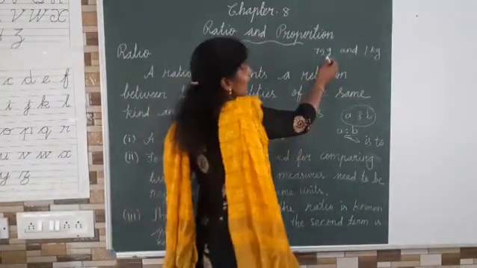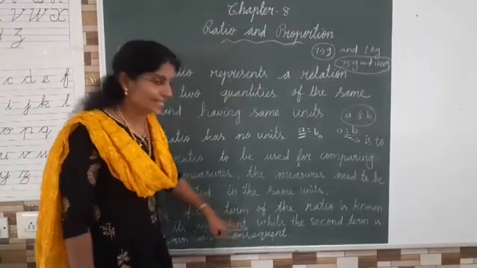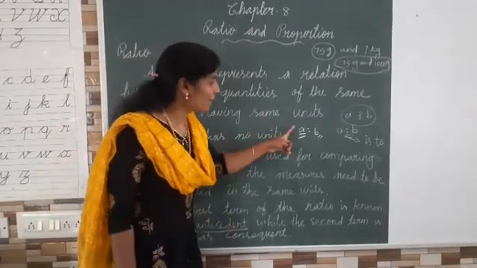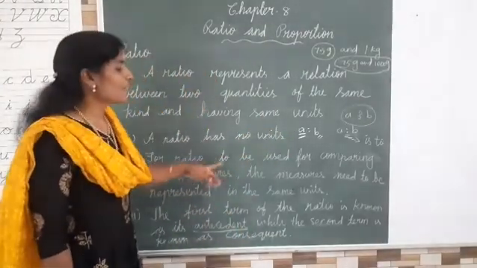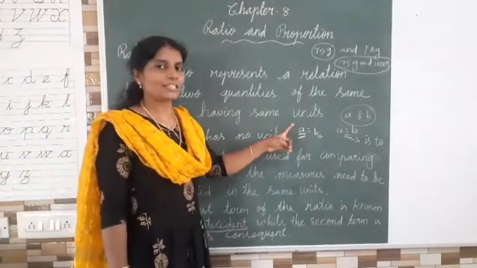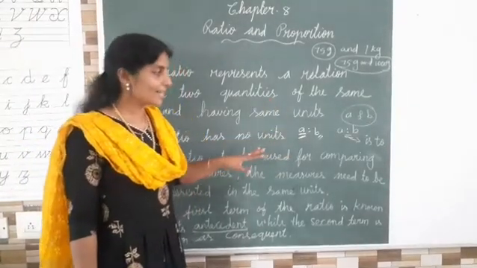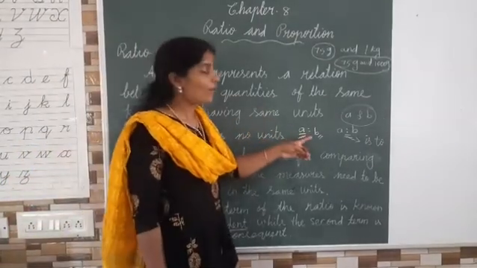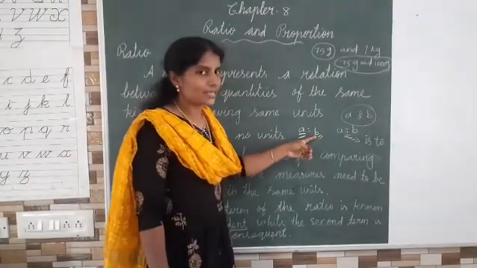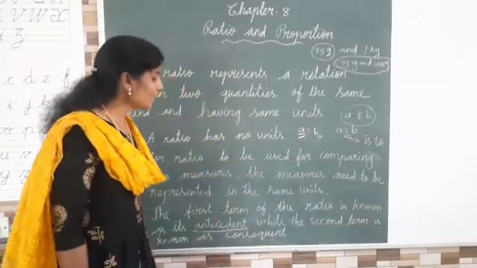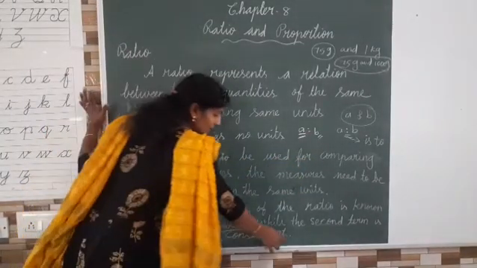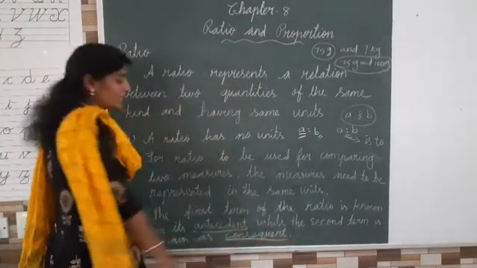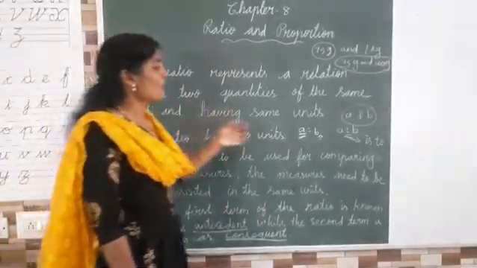The first term of the ratio is known as the antecedent, while the second term of the ratio is known as the consequent. Clear? What is the first term?